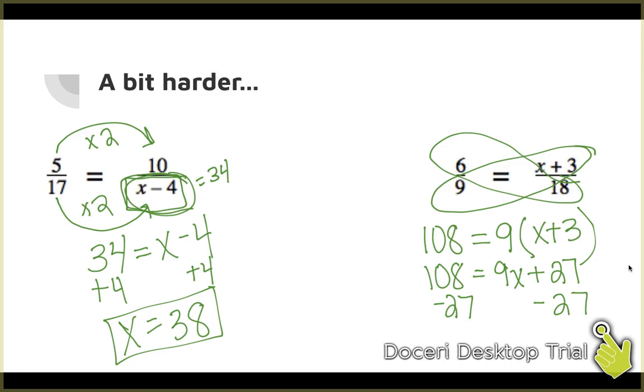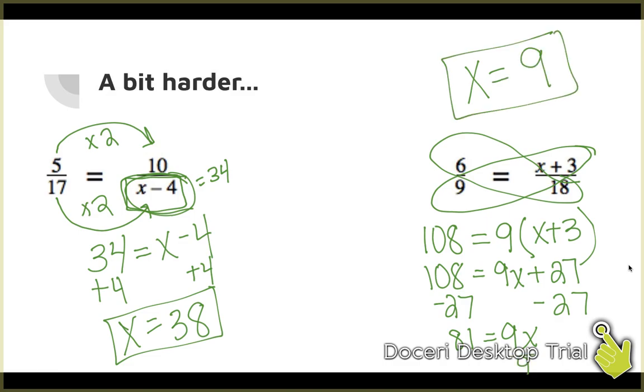So 108 minus 27 is 81, and 81 equals 9x. I divide by 9, x equals 9, because 9 divided by 9 is 1, 81 divided by 9 is 9. So that is how you get your variable using cross multiplication. Again, this always works. This sometimes works with the jump across.